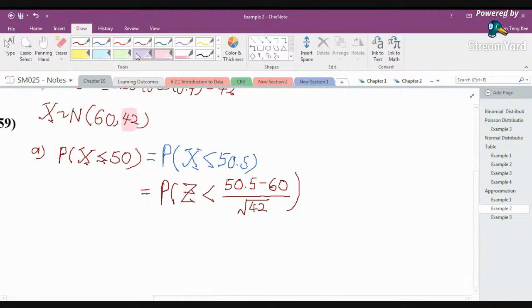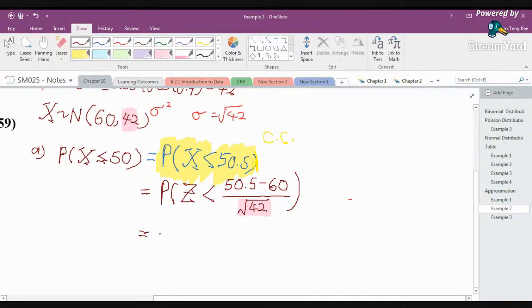Remark again, 42 is actually referred to as sigma squared, and what you need here is sigma only. Sigma is square root of 42. And here, let me highlight one thing, where there is reference to the continuity corrections, I just write the short form CC. Of course, in the exam, in your solution, you don't have to write something like this, but I just need you to be alert.